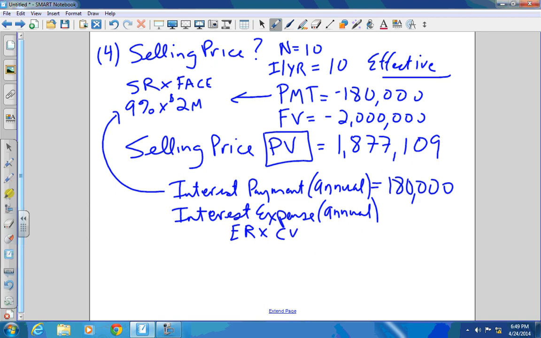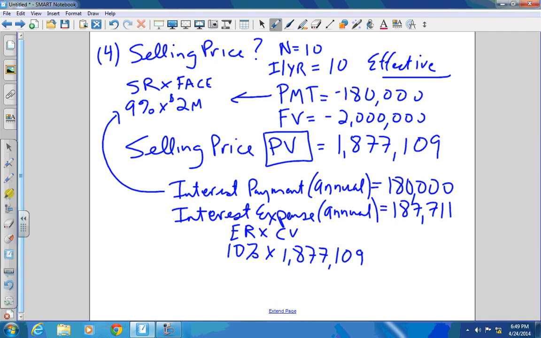Well, it's easy that first year because it's 10% times the initial selling price, 877,109, and that's going to give us annual interest expense for that first year of 187,711, right? And we want to make sure, right? So remember, when it's sold at a discount, the interest expense should be greater than the interest payment, and that's right. So now we have everything necessary to do our final solution here.